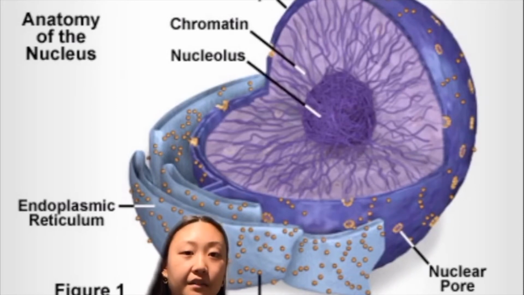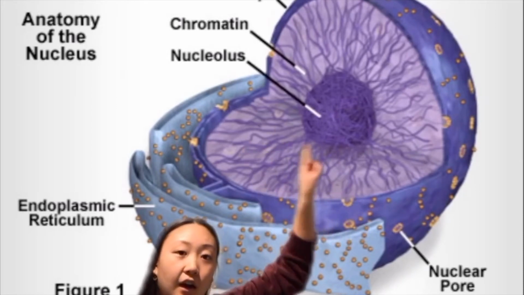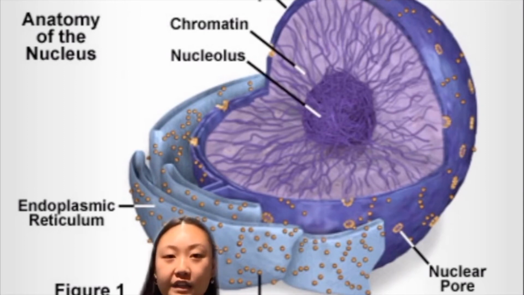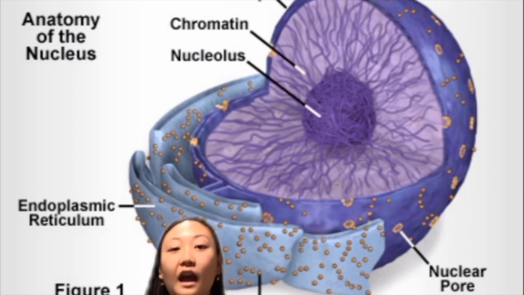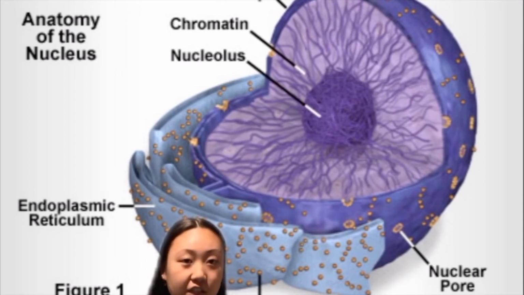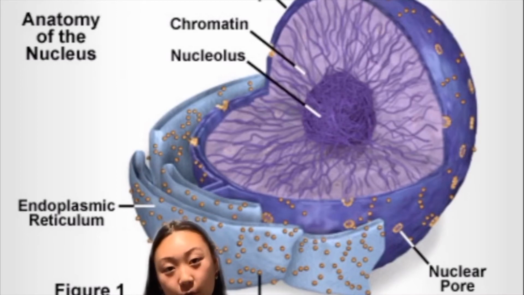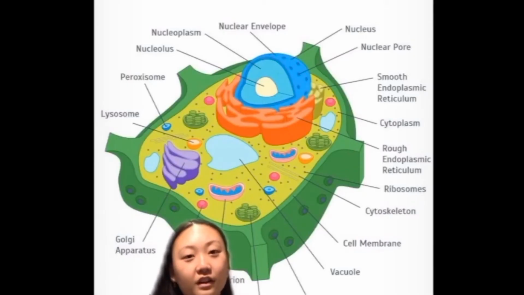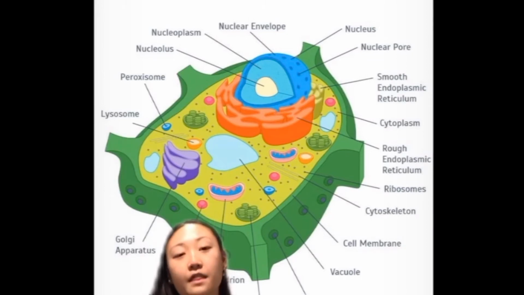And then we have these chromatin, which are pretty much unwound strands of DNA. And once the cell is ready for mitosis, or the splitting of the cells, they will then all start to clump together, and then they'll start to become chromosomes. And so now we're going to move on to ribosomes. And ribosomes contain RNA and proteins, and their function is for protein synthesis.